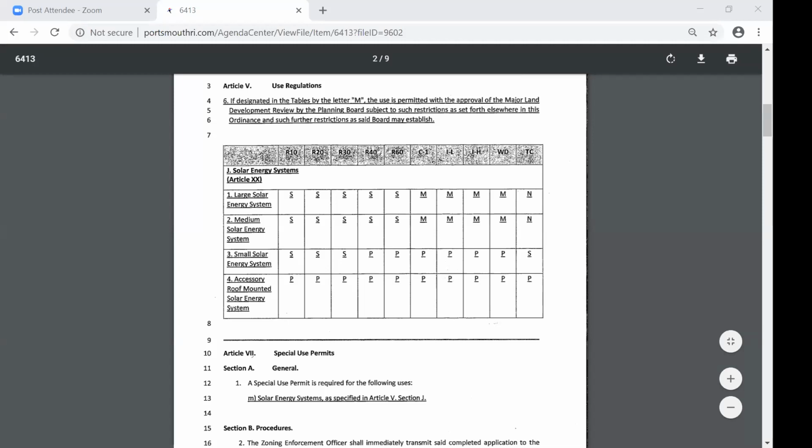He says that the neighbors are notified, neighbors within 200 feet. Well, first of all, it's not on the zoning or the town to do that. It's on the people that are applying for the solar array.